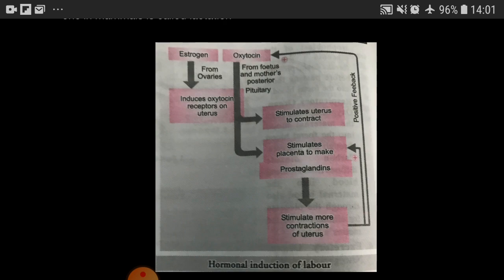That is why oxytocin is also known as the birth hormone.